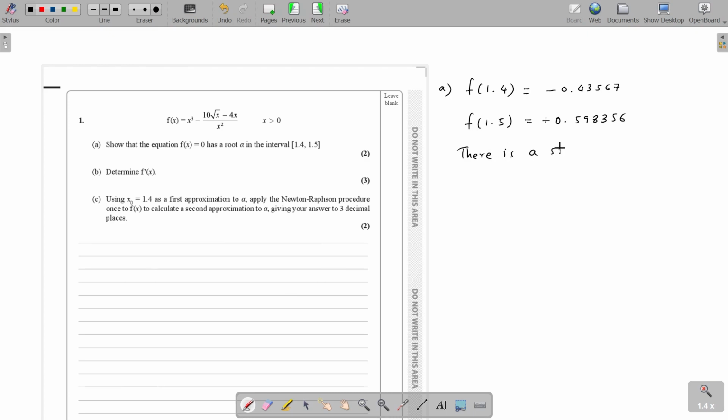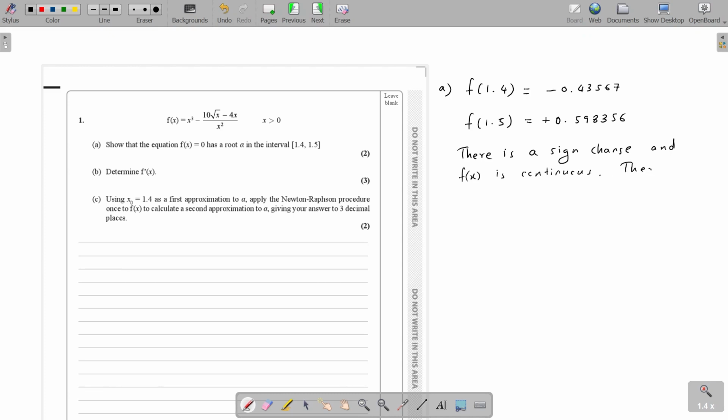And is that the only thing you should mention? There is a sign change and f(x) is continuous.